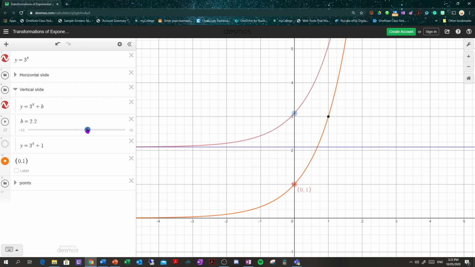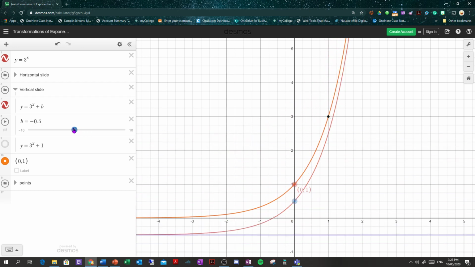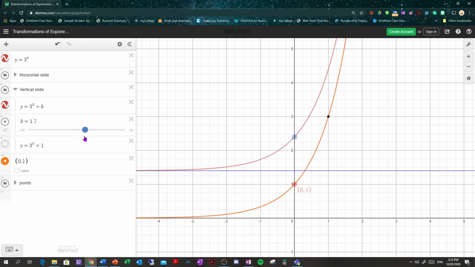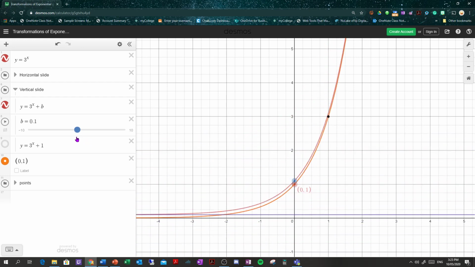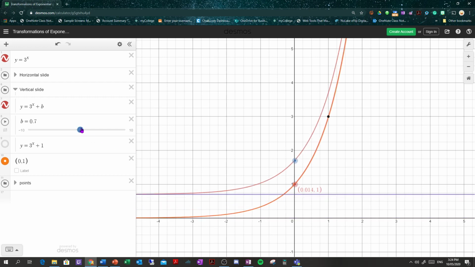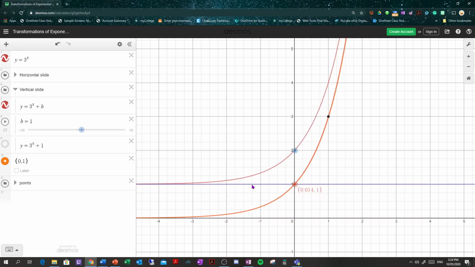Now, there's this purple thing that's following me around as I move the graph up and down. Hopefully you understand that that is the asymptote. The asymptote is the x-axis initially in a parent function, but anytime we do a vertical slide, we're going to move the asymptote as well. So when we have a slide that's up 1, that plus one tells us where our new asymptote is: it is at 1.